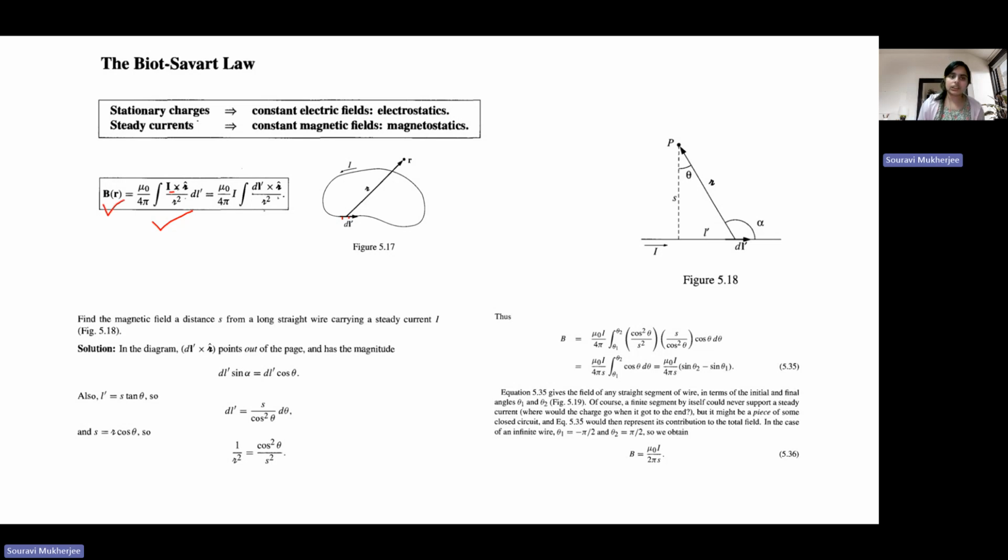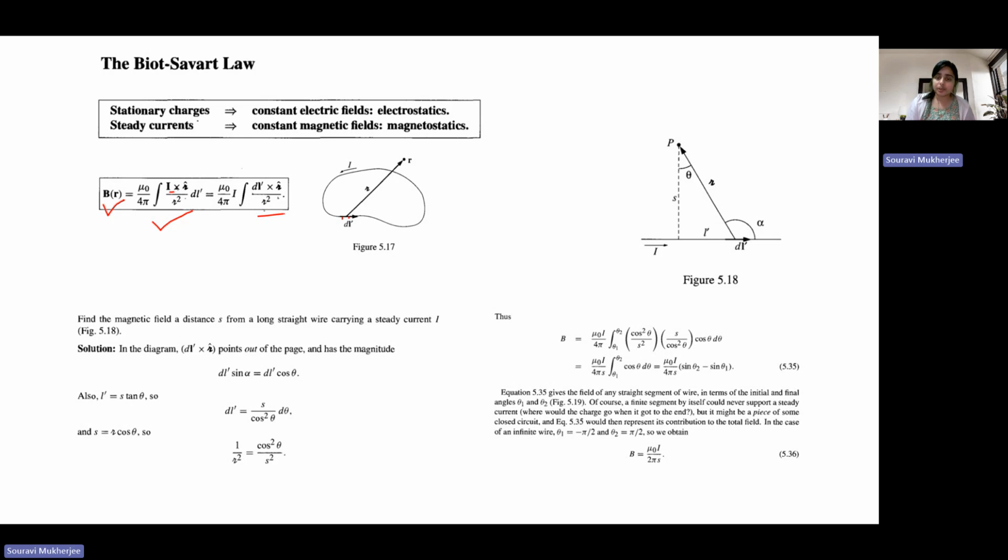Okay. Now, based on the question at hand, based on the kind of current carrying element and how the element is, you have to choose the line integral and the correct reference frames.